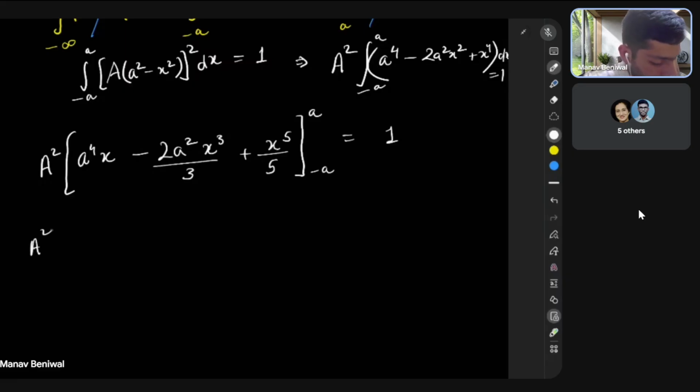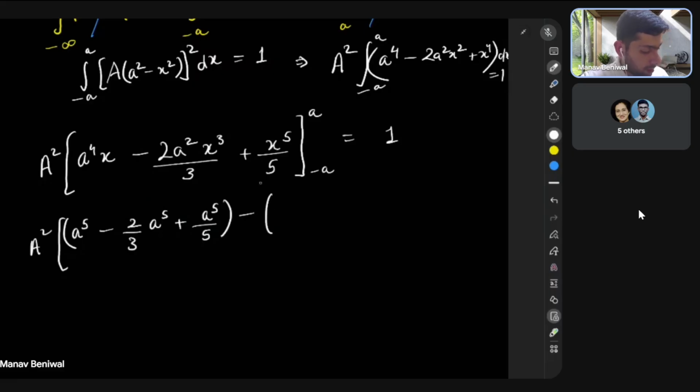So let's put the limits. A squared, and this will become a to the 5, minus 2 over 3 a to the 5, plus a to the 5 over 5, and then minus the lower limit, which gives minus a to the 5, plus 2 a to the 5 by 3, minus a to the 5 by 5.